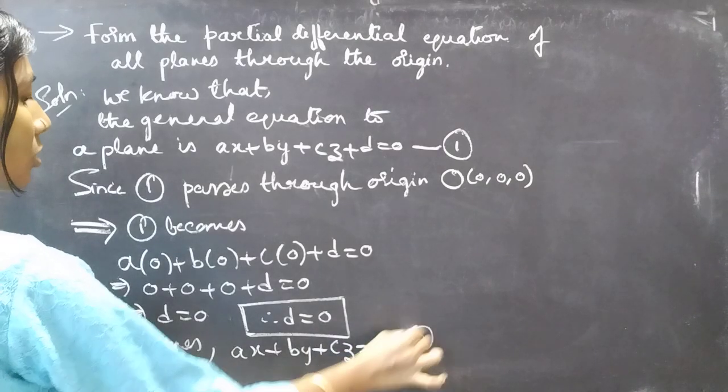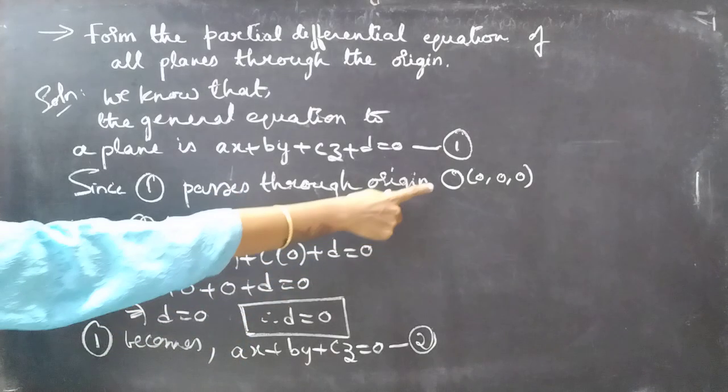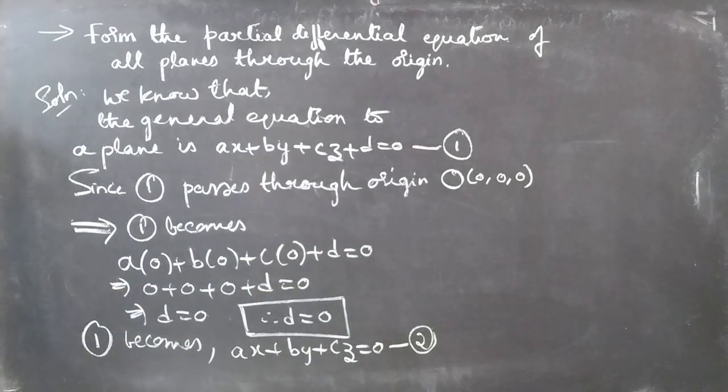Consider it as equation number 2. Now we'll form the partial differential equation from this equation, which is an equation of all the planes passing through the origin.